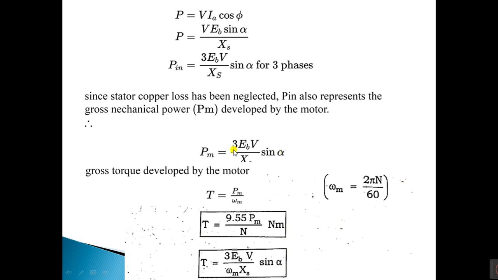Applying the Pm value in this torque equation, we can get 3 EB V by omega m XS sin alpha. One method, by applying omega m in this formula, we get 9.55 Pm by N. Else, if you apply the Pm value in this equation, you will get 3 EB V by omega m XS sin alpha.